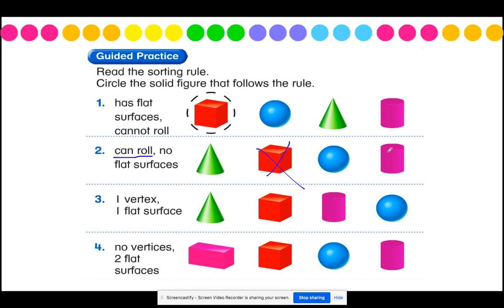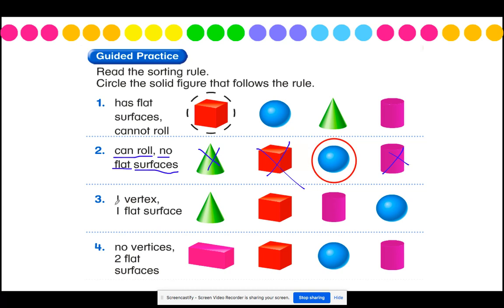Yes. And can a cylinder roll? Yes. All right, so now let's look at our second rule. It says no flat surfaces. So looking at the three that are left, which one has no flat surfaces? Well, a cone has a flat surface and a cylinder has a flat surface, so our answer is sphere.